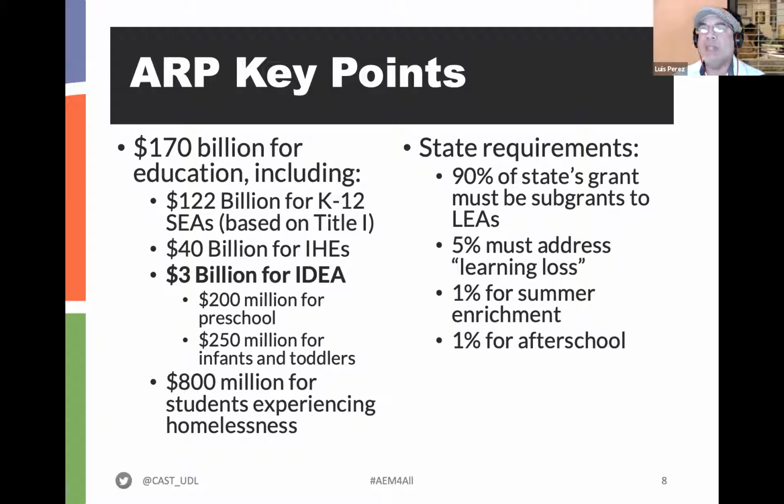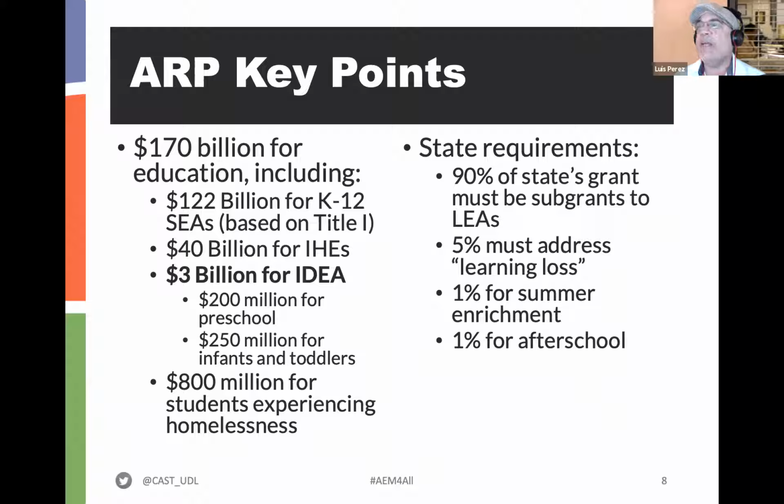So this is, by a lot of indications, one of the largest ever, if not the largest, investments in education. So it's 170 billion for education. And that includes 122.8 billion for K-12 SEAs. And this is based on the Title I funding formula. And then we have 40 billion for institutions of higher education. For IDEA, there's $3 billion.